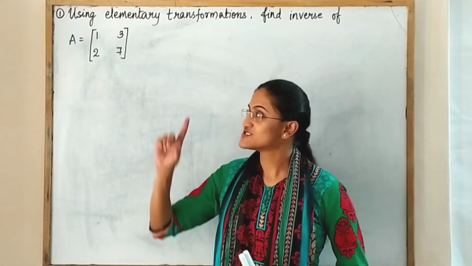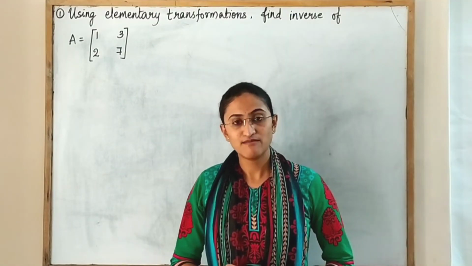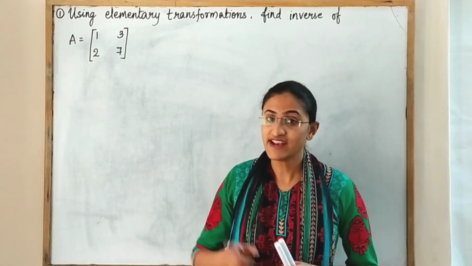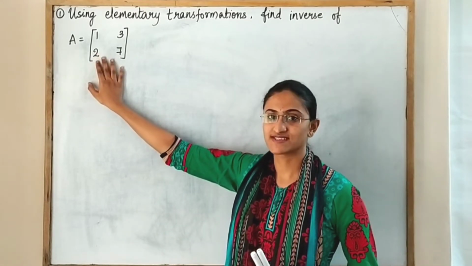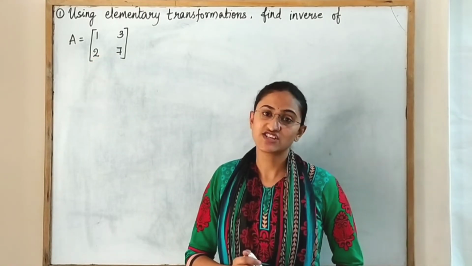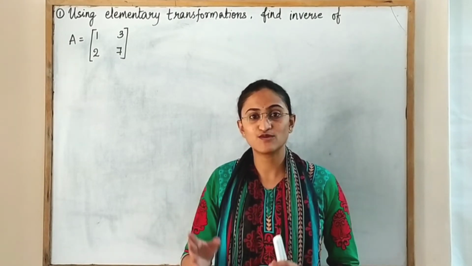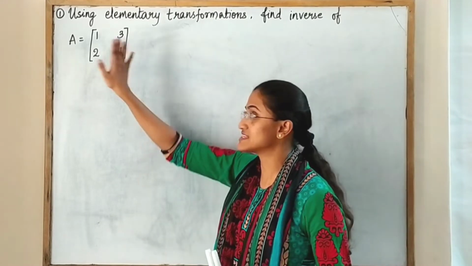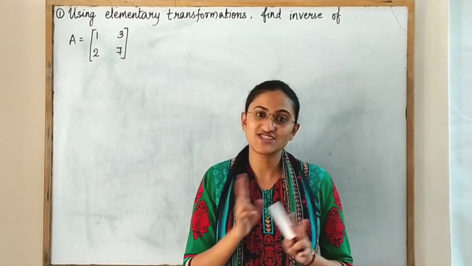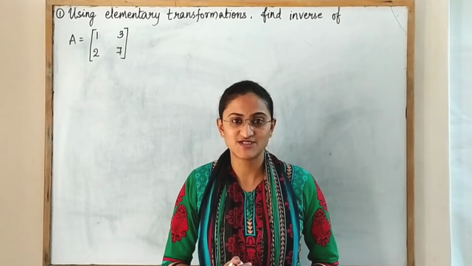We shall now solve a problem using elementary transformations to find the inverse of this matrix. Firstly, I shall use the elementary row operations, and then we shall use the elementary column operations for the same matrix, and then check whether the answers are equal to each other.